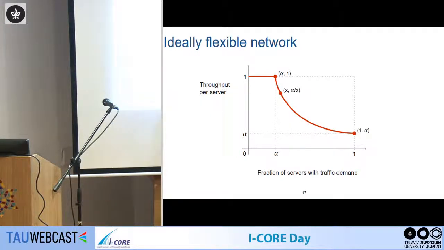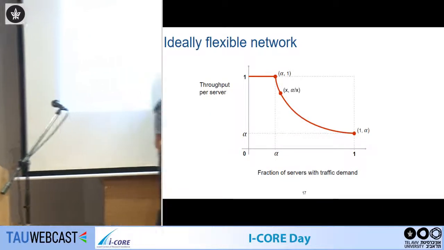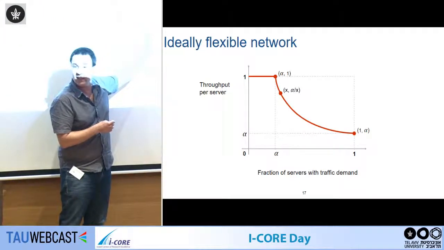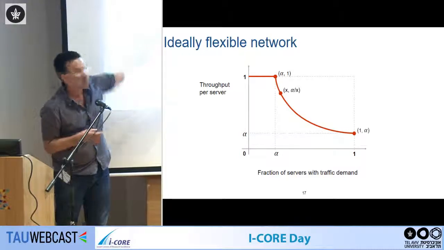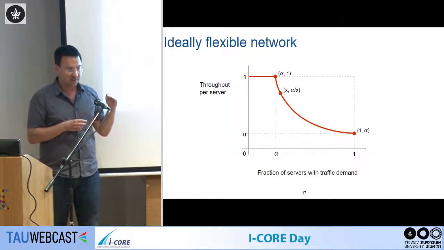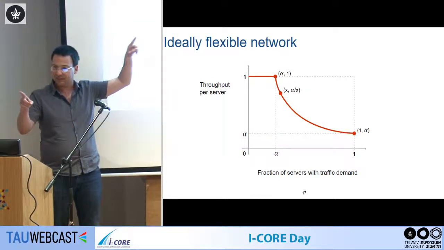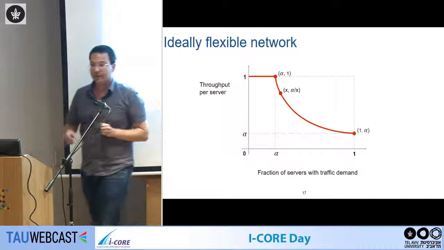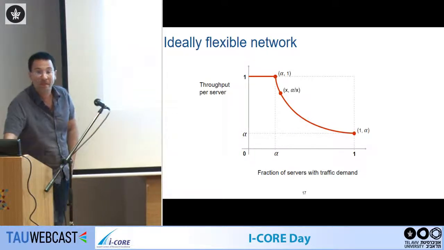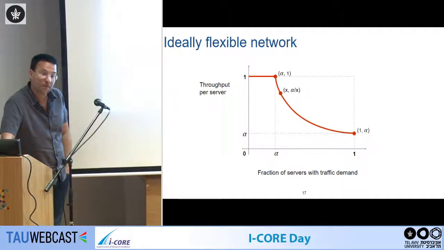So we have this line saying if an X fraction of the servers are communicating, then each server can push out alpha over X fraction of traffic. Notice that at the endpoints, this is exactly right. So this is alpha here and 1 there. This is kind of assuming that they talk randomly to other people.